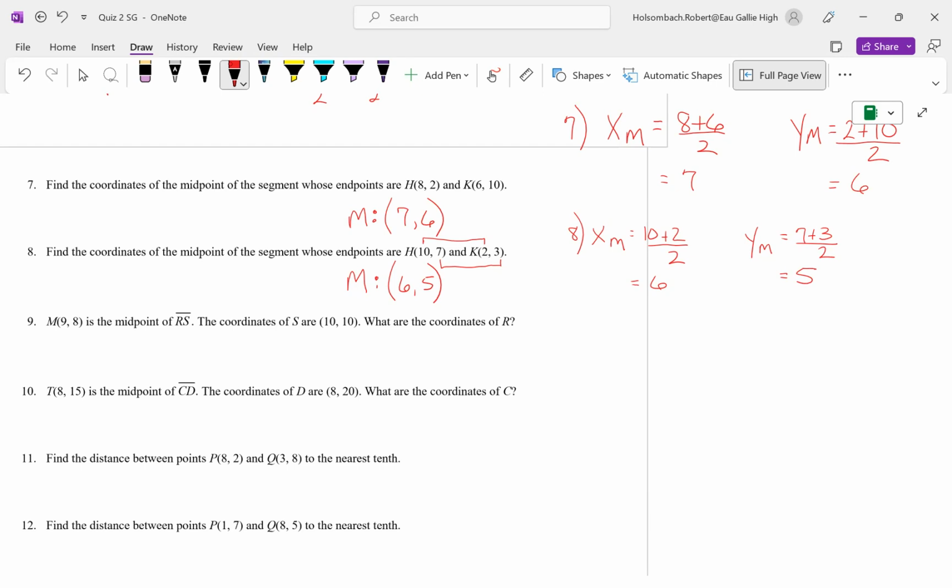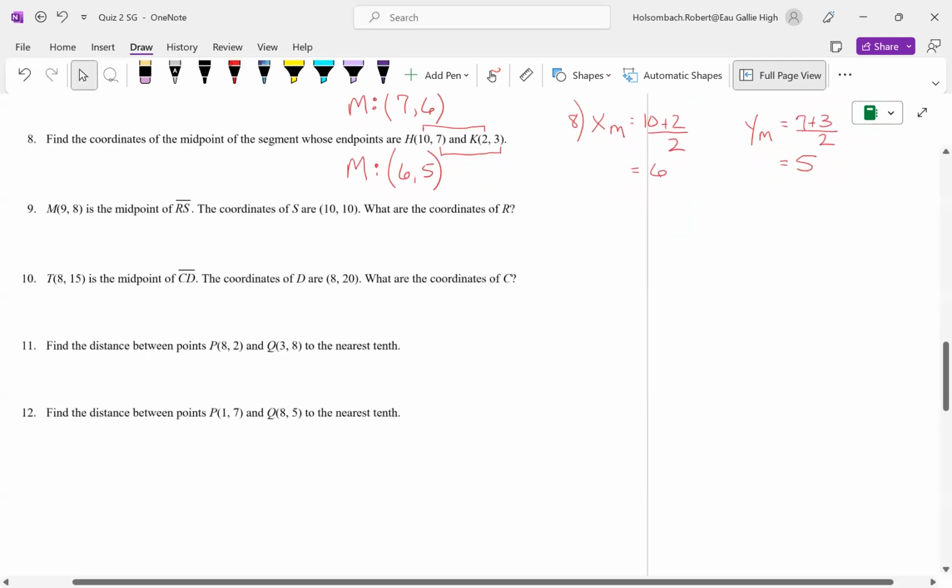Now, numbers 9 and 10, read carefully. You're told on number 9 that M is the midpoint of RS. The coordinates of S are 10, 10. What are the coordinates of R? All right, so we're trying to find an endpoint here. So we're going to label these points.